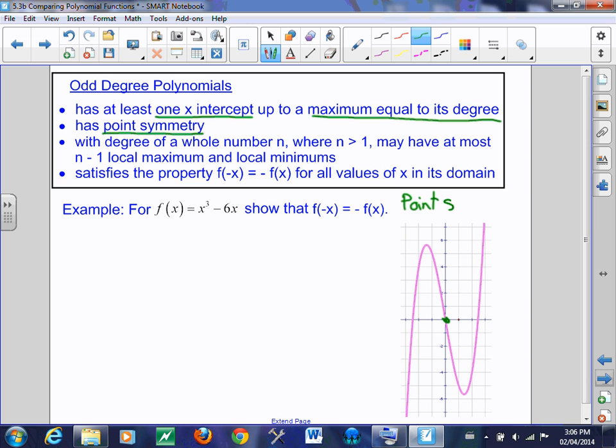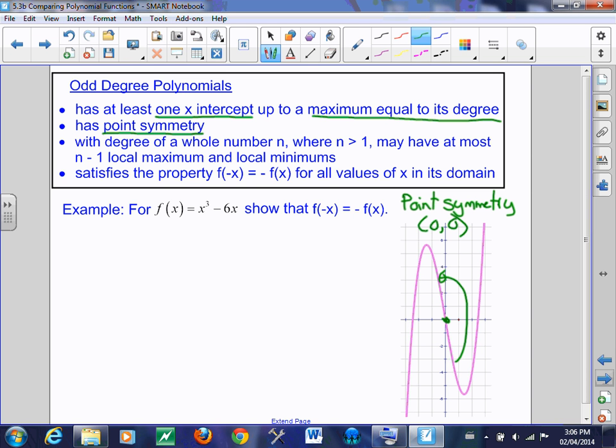Point symmetry would be at the origin, which is 0, 0. So that's the point around, for example, this shifts to there. Okay, that's from a couple days ago. With a degree of the whole number n has to be greater than 1, must have at most n minus 1 local minimums or maximums.